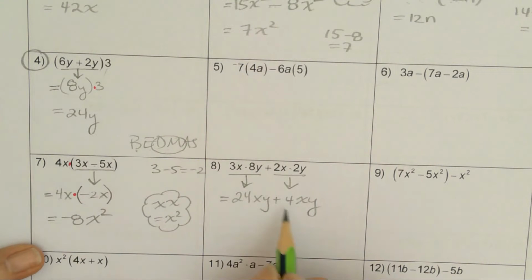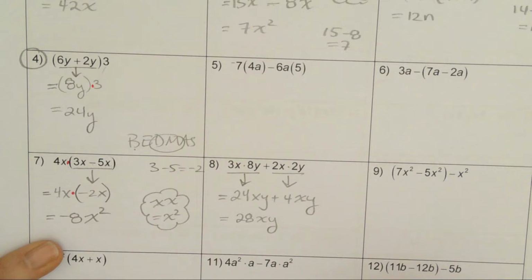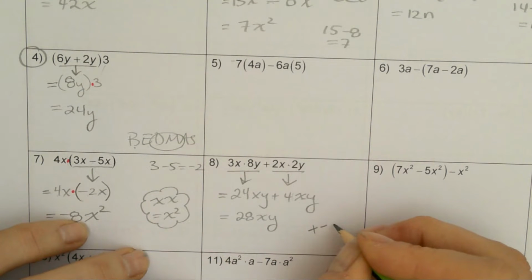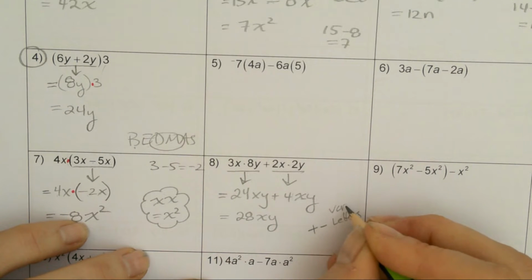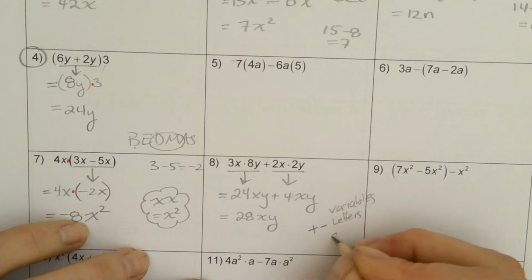So now I have add. Can I add these? xy, xy? Yes, they are like terms. They're the same. So I just go 24 plus 4 equals 28xy. So when I add and subtract variables, the letters, or variables, the exponent stays the same.